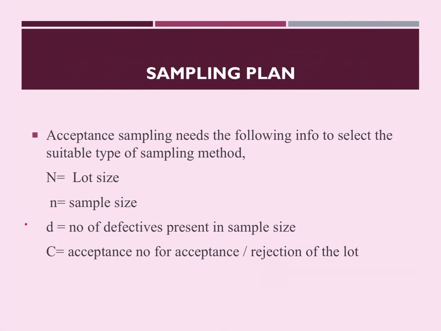For an acceptance sampling plan, we need some basic information to select the suitable type of sampling method. That is, N is the lot size, small n is the sample size, d is the number of defectives present in a sample, and c is the acceptance number, used for the rejection and acceptance of the lot.